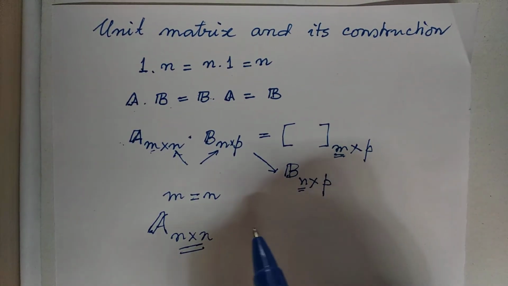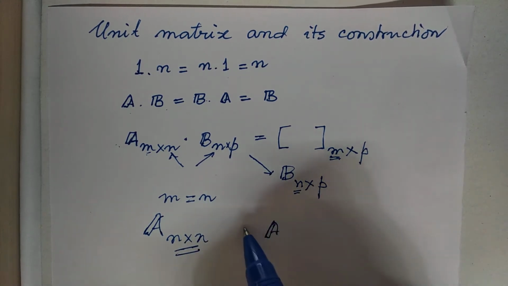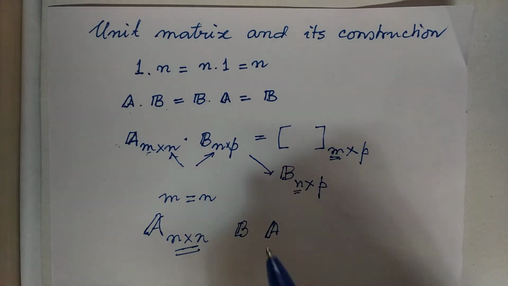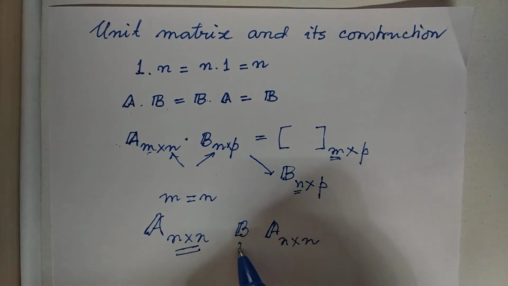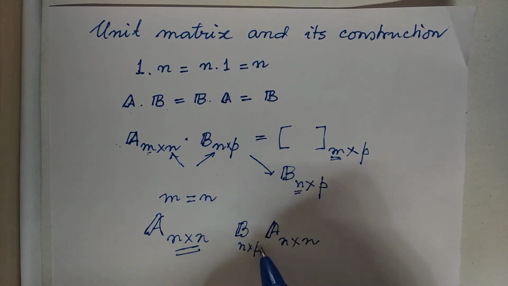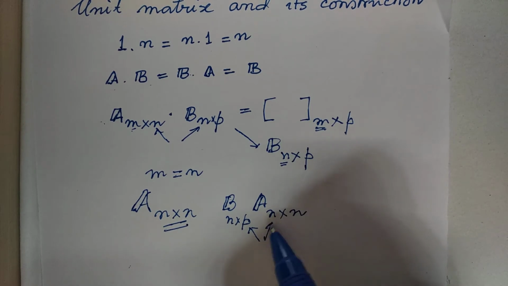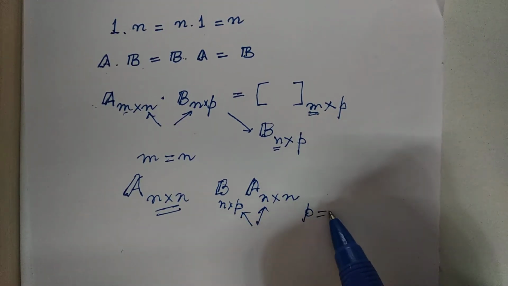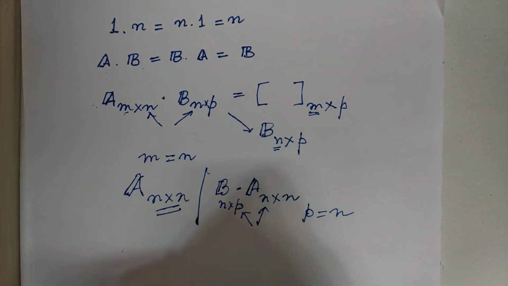And what about B? We have to multiply A with B in the reverse order also. A is of size n by n and B is of size n by p. Then this p and this n must be equal, p equal to n, for this multiplication to be allowed.